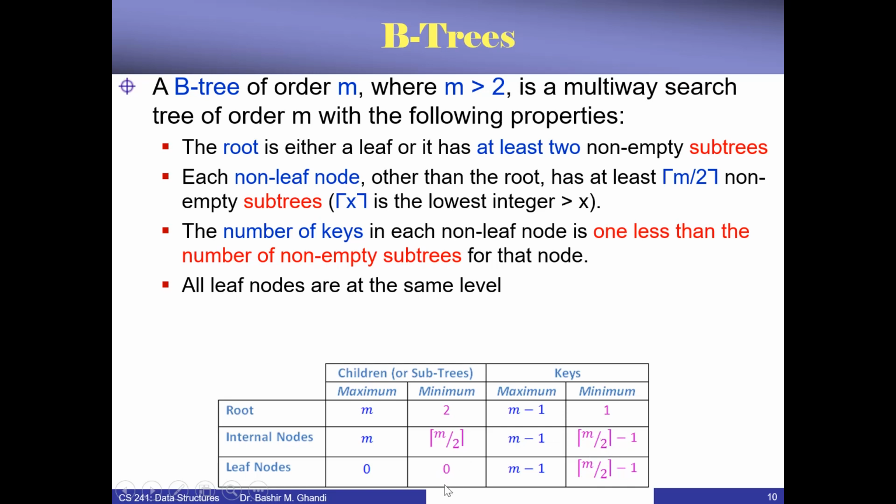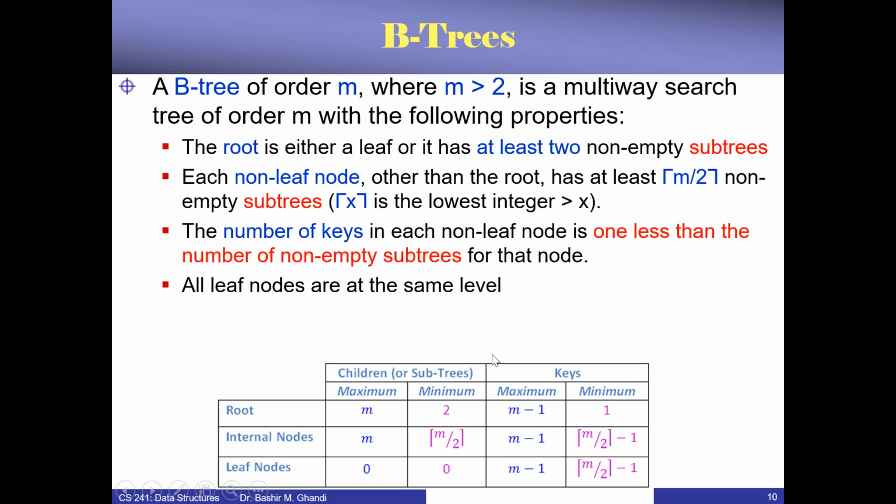Alright, what about the leaves? The leaves, they don't have subtrees, so the minimum is also 0. Okay, for both minimum and maximum subtrees, for leaves it is 0. But they can have keys, and the number of keys is the same as for internal nodes. Minimum of ceiling of m over 2 minus 1.